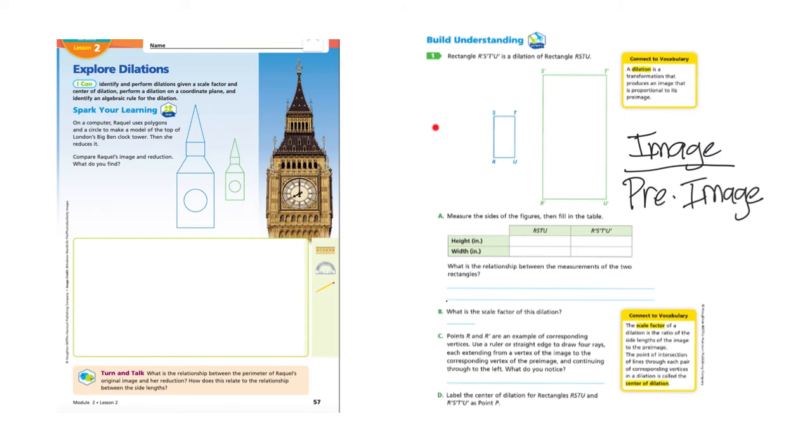Wherever all those lines intersect over here somewhere, that'll be your center of dilation. So pause the video, go ahead and do that, and then we'll go on to the next pages.